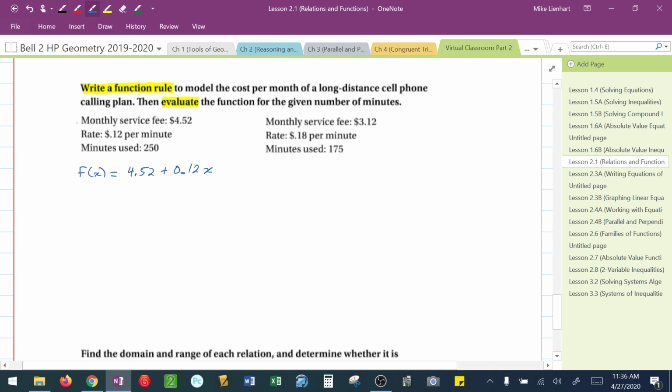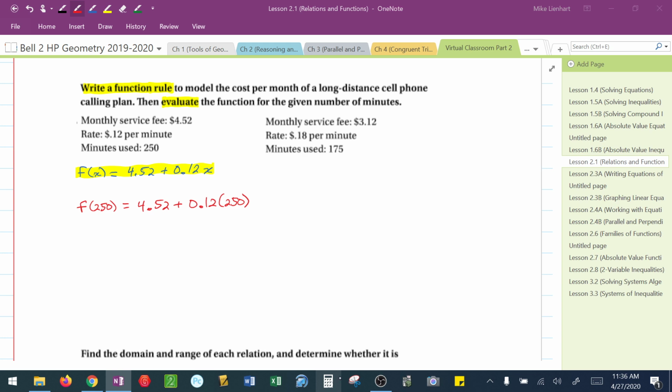We're going to do it a little bit different for the second example. This is my function. Now what they want me to do is evaluate it for f of 250. What does that tell me to do? Take 4.52 plus 0.12 times 250.